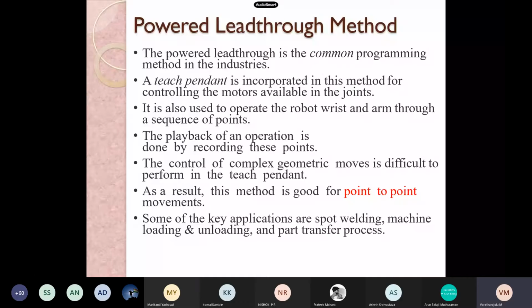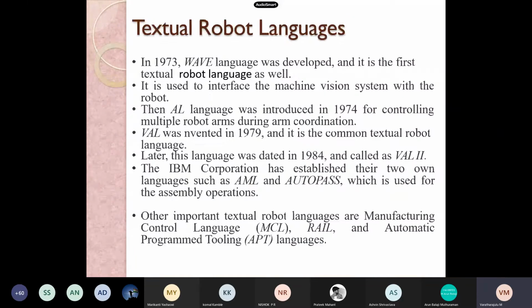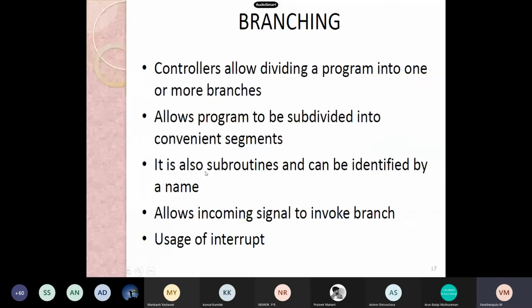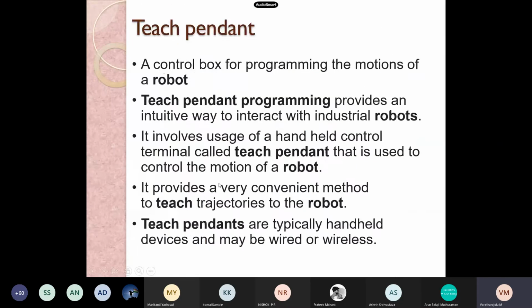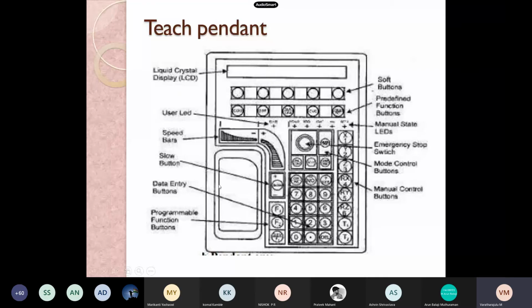Each point is recorded into memory for subsequent playback during the work cycle. The teach pendant is usually a small handheld control box. I'll show the teach pendant. This is the teach pendant.